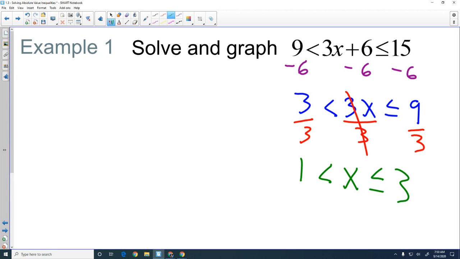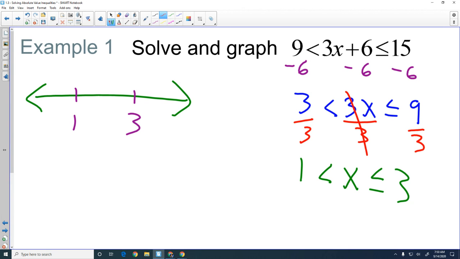And to graph this, we just have our number line. And I don't need to put a whole bunch of numbers on there. Just putting those two, a 1 and a 3, is perfectly acceptable. Just make sure the numbers are in order, like the smaller numbers on the left and the bigger numbers on the right. Don't mix those up.